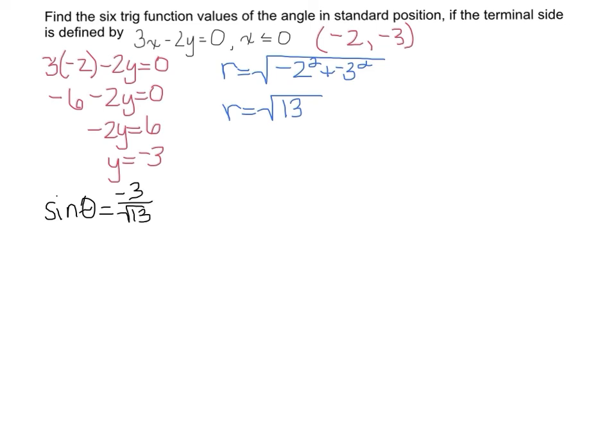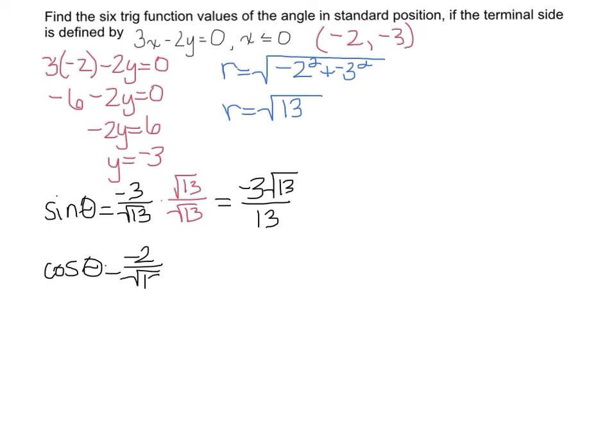Okay, so in this case I see a radical in the denominator. I need to multiply numerator and denominator by the same value. And that will give me -3 square root of 13 over 13. Same problem here.